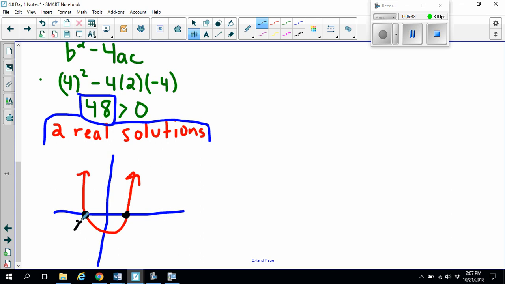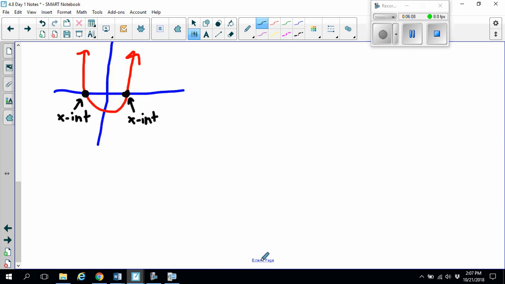And so these would be our solutions, or the x-intercepts. So whenever we get 2 real solutions, that means we get 2 x-intercepts, and that our graph crosses the x-axis. So I'm going to go ahead and write that down.